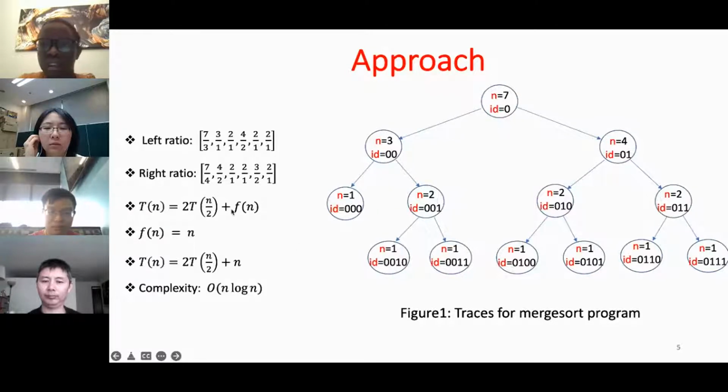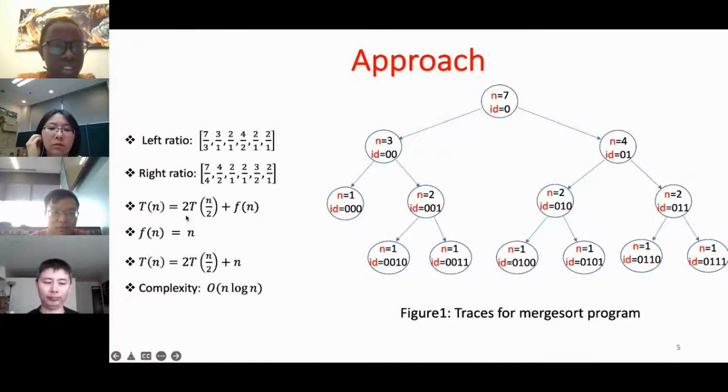With the right child nodes, we have 7 divided by 4, 4 divided by 2, 2 divided by 1, and so on. From this list, we can use regression to find that this ratio tends towards 2.